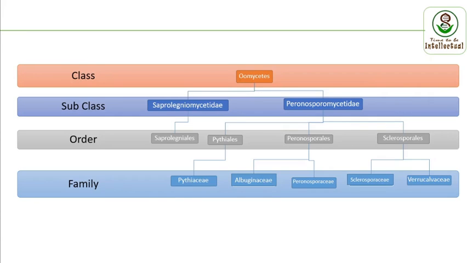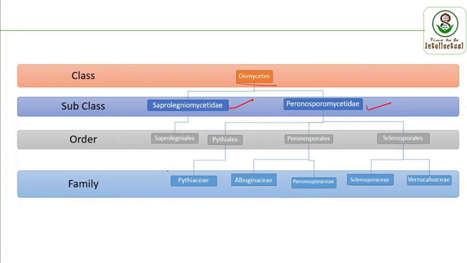Let's see that flowchart also. Under Oomycetes we have two important subclasses, that is Saprolegniomycetidae and Peronosporomycetidae. Okay, I think it may be a little confusing, but remember this flowchart or draw it on your paper and stick it on your wall, so that whenever you see a subclass or order, you remember its characteristics.